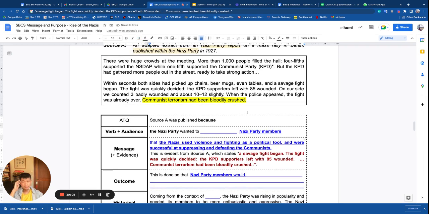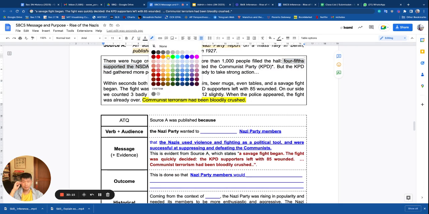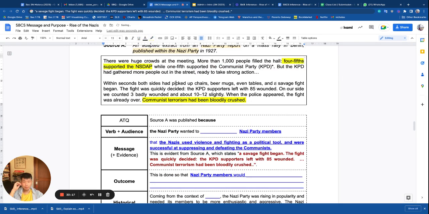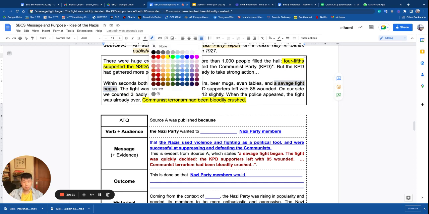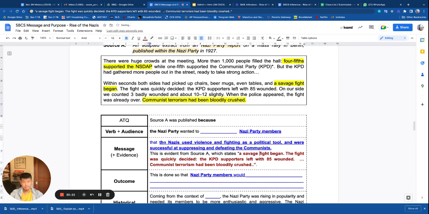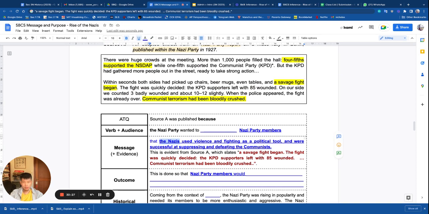This is the message, right? Yes, we use violence. Yes, most of our supporters came. So maybe, you know what? I'm just going to modify this message.